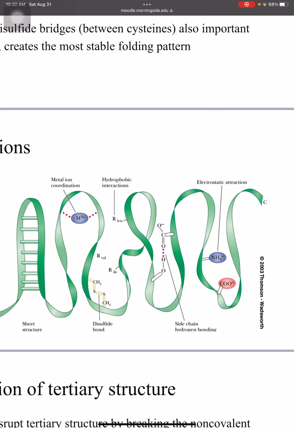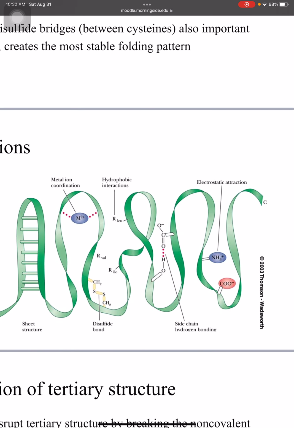So that's nothing we haven't seen before. But you can also have hydrogen bonding amongst the side chains as well. That's something we haven't talked about, right? So in this case, you see a hydrogen bond being made between the carboxylate side chain of one amino acid and then the OH group of another one, right?